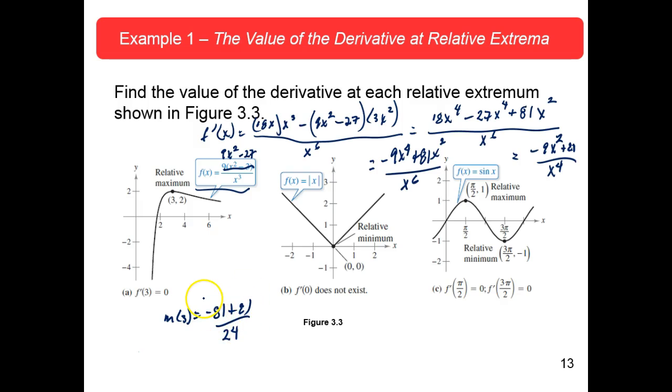Isn't x 3? Oh, I'm sorry, you're right. X to the fourth is 81. I was doing 9, not 3. Over 81. And what does that equal? 0. That numerator is 0, so the whole thing's 0, no matter what, as long as the denominator is not 0, and it wasn't.